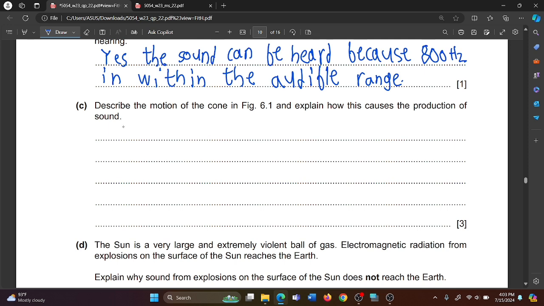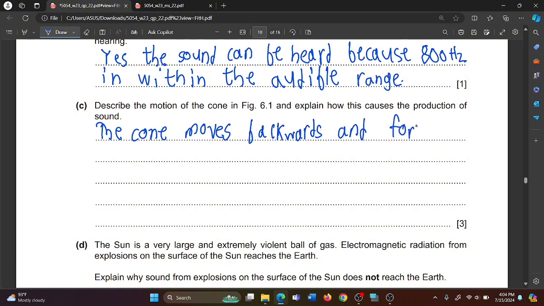There are 3 marks, thus we need to write 3 points. So first, let's write the cone moves or vibrates. You may write moves or vibrates, both are accepted. Backwards and forwards. We got the first mark.